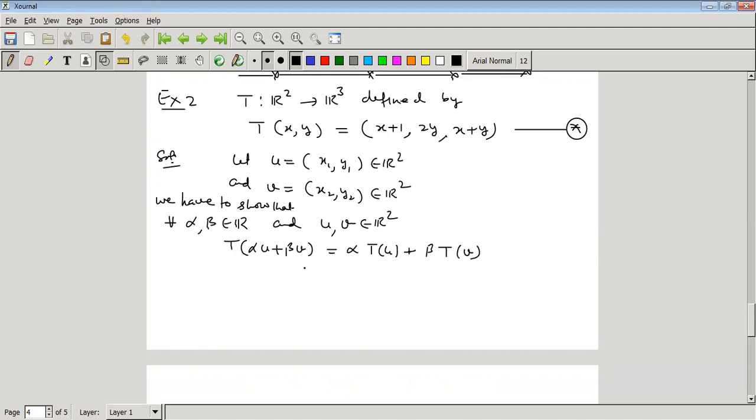So this is our goal. Right? This we have to prove.